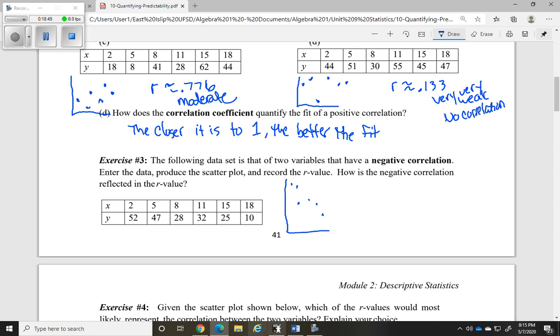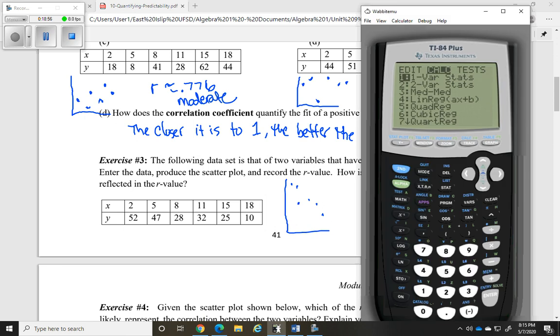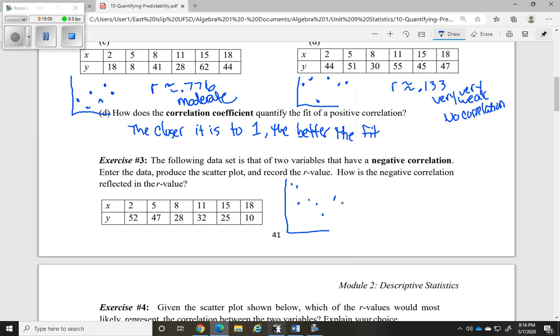If we do a linear correlation by going over to calc and going to number 4, and you go down to calculate, you can see it is strong, but do you notice that negative sign in front? Negative 0.945. So it's so close to negative 1, therefore it's very strong.